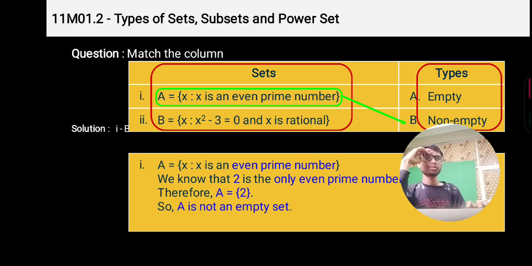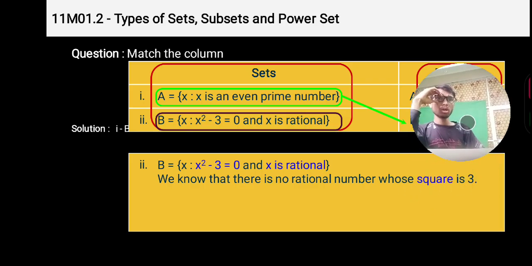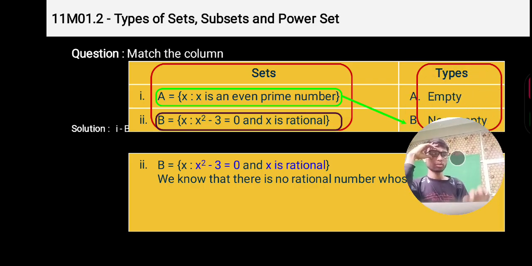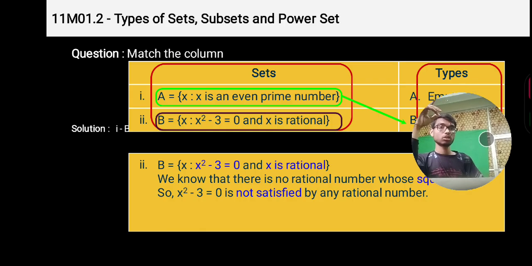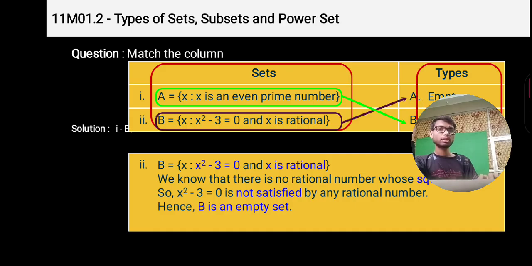Now next, we know that there is no rational number whose square is 3. So x square minus 3 is not satisfied by any rational number. That's why there is no element, so B is an empty set.